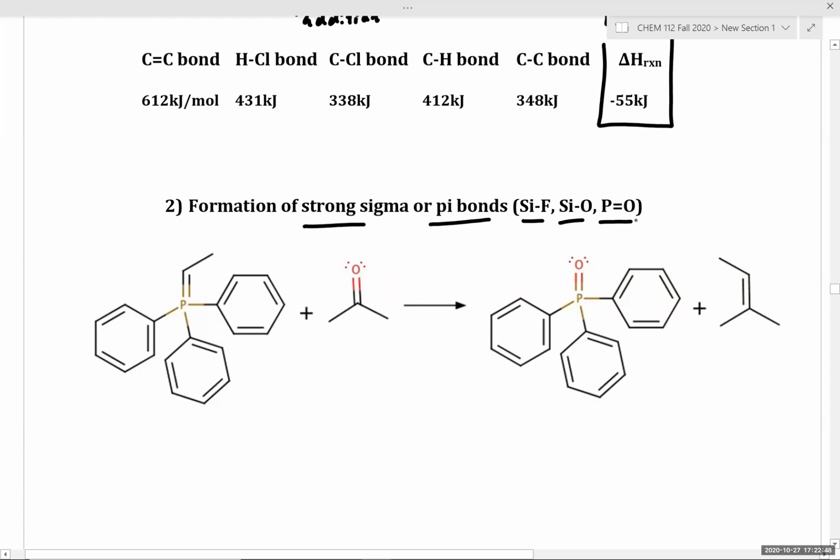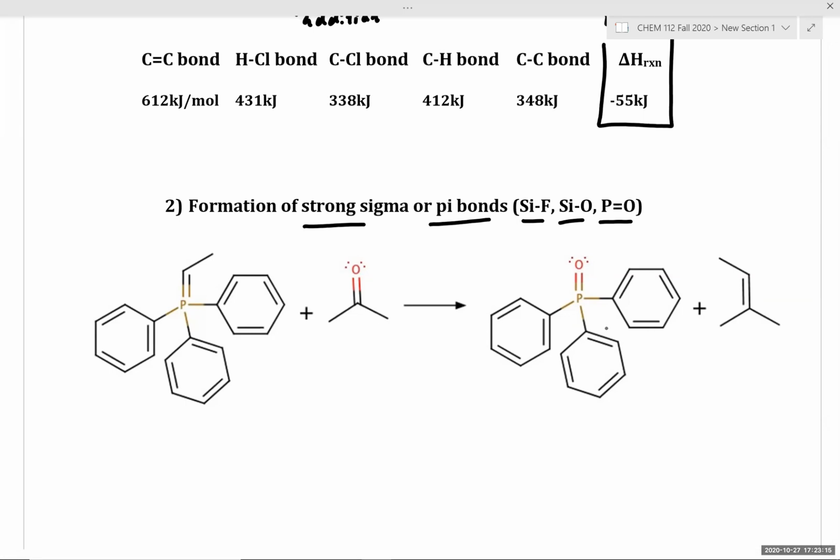When formed, these bonds in general end up with the release of a lot of energy, and forming these very strong bonds is highly favored via enthalpy. So this can often serve as a driving force for many common organic reactions.